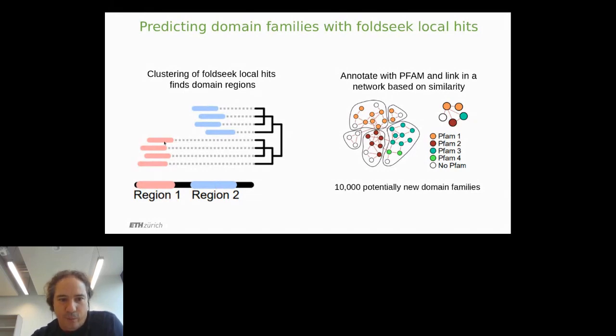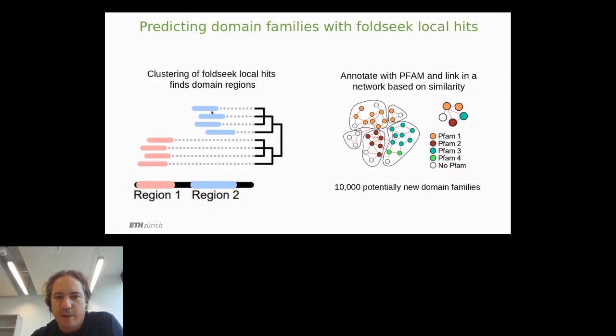What we ask ourselves is, if we take these local hits, these start and end positions, and cluster them, we could in principle directly predict the start and end positions of these domain regions. And by having these clustering results, we could decide that this region is structurally similar to all these other regions here, and together they form a domain family.